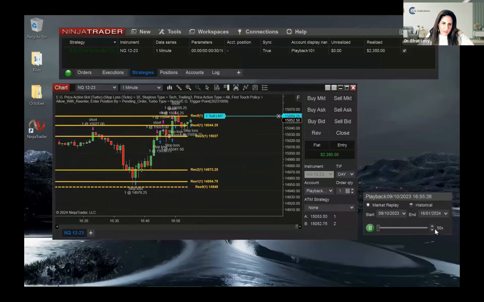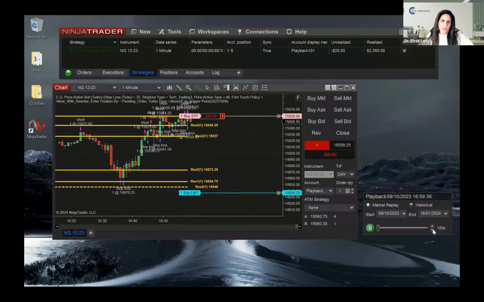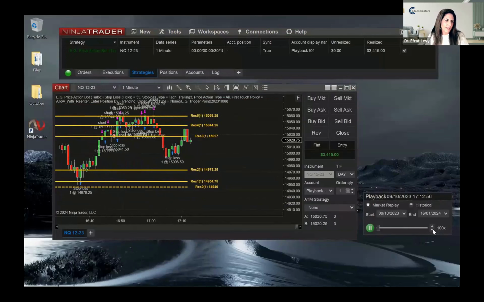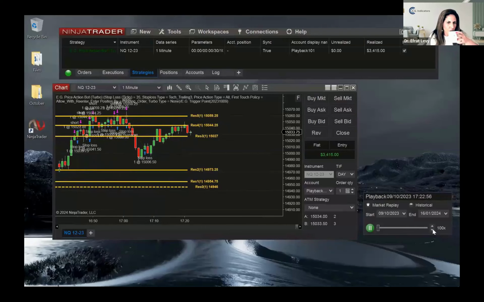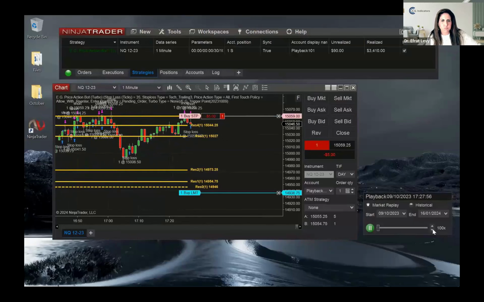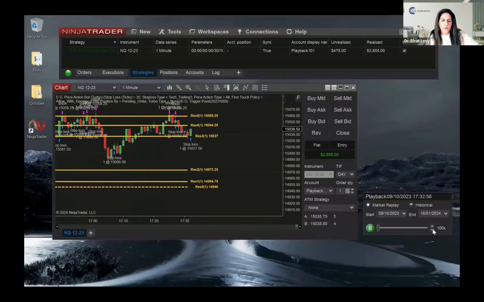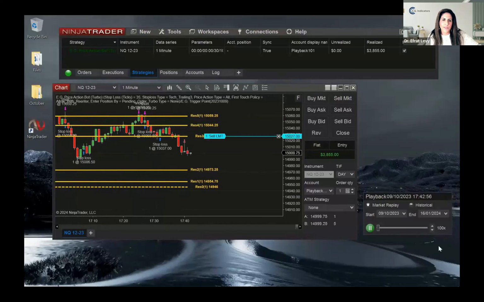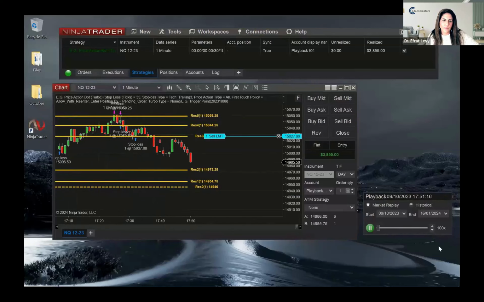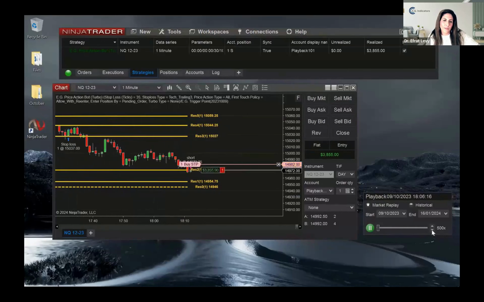When a level is broken and the first touch rule is no longer valid, then the bot moves to trade price action signals. And the price action signals can be identified by arrows presented on the chart. Here is the arrow, the red one. And the pending order did not fill.